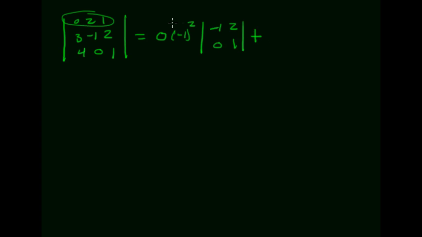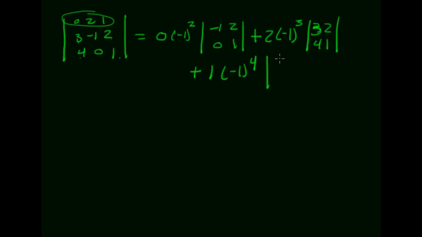Alright, so now I take 2 times -1. Let's see, this is in the 2, 1 position, so it's going to be cubed, times its minor, which is going to be 3, 2, 4, 1. And then we take 1 times negative 1 to the 4th, because this is in the 3, 1 position. 3 plus 1 is 4. And then we go 3, negative 1, 4, 0 is its minor.